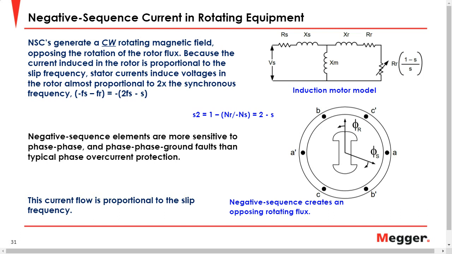Now, when you have access to the calculations of the sequence components, then you can define two measures of imbalance. One is the ratio of the negative sequence to the positive sequence component, and the other is the ratio of the zero sequence to the positive sequence component. This has been used for a while already, along with the traditional way of measuring imbalance in protection applications, and in particular in power quality.